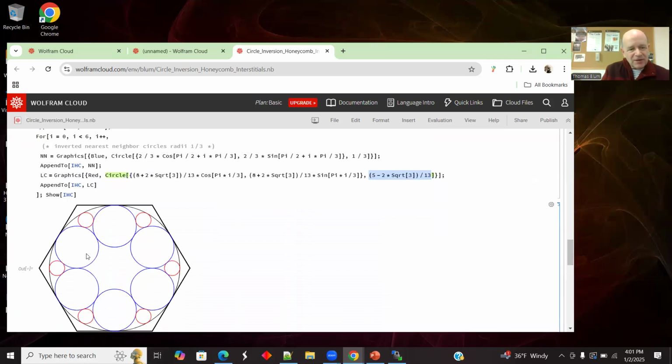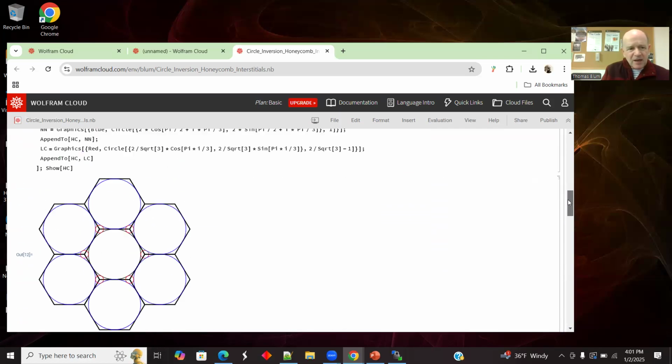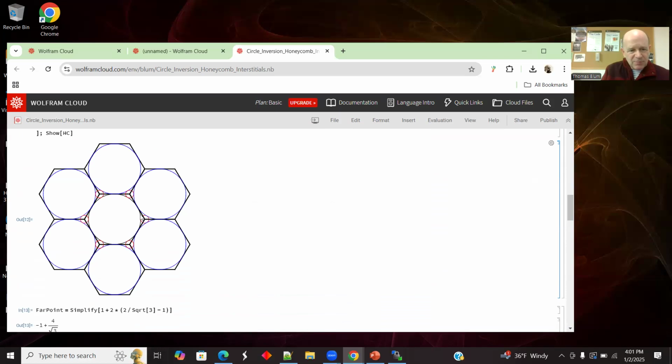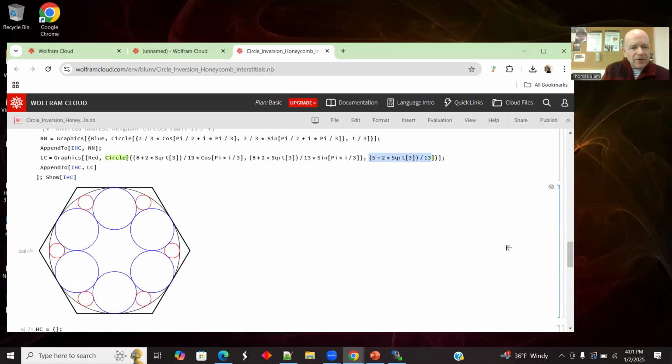So there is the center circle, which was the circle of inversion. These blues are the inverted circles, that's these blue circles inverted. So they are inscribed in the honeycomb, and then these little red circles, which were inscribed in little triangles, are these red circles here.